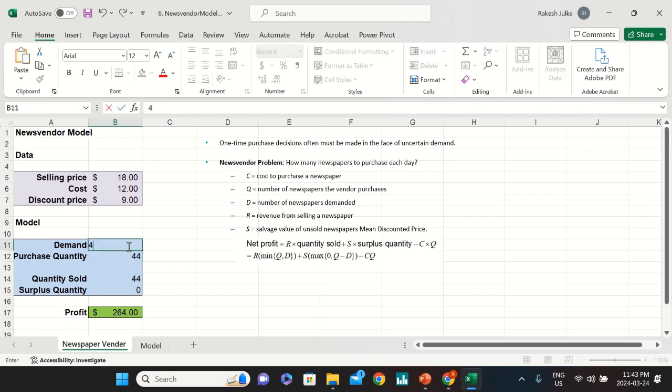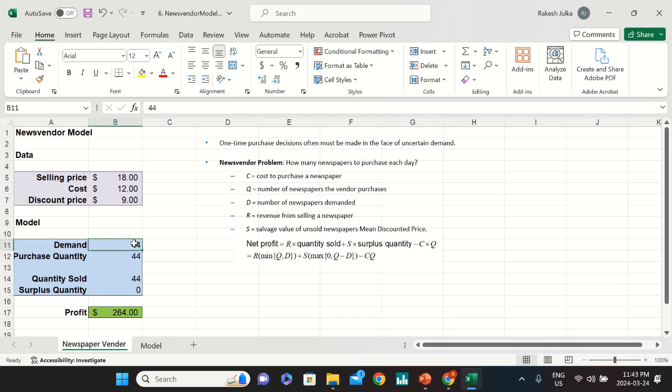If the demand is 41, then definitely the profit will be less. If demand is more than 44, maybe 45 or 46, there should not be any change in the profit. Why? I will tell you. Because if this is 44 and this is 264, that is the profit.